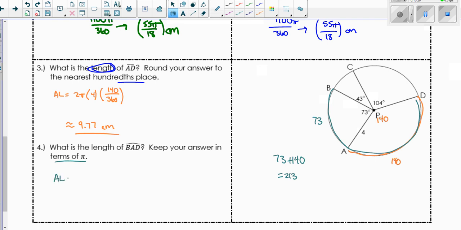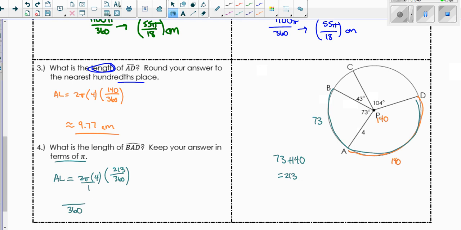Alright, so the arc length is 2 pi times my radius again of 4, but this time I don't want 140 out of 360, I want 213 out of 360. I want an exact answer, so again, this is like a fraction, so my denominator I know is going to be 360.